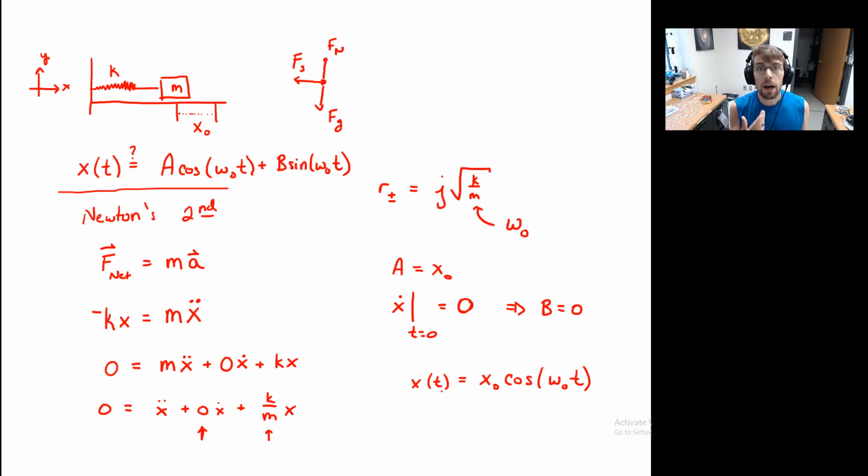Okay. Now I want to think about, we have the position of the box, but I want to think about it in a slightly different manner. The reason for it is that it makes doing some of the other calculations a little bit easier. So when you have an oscillatory behavior, you can express it in a different manner.